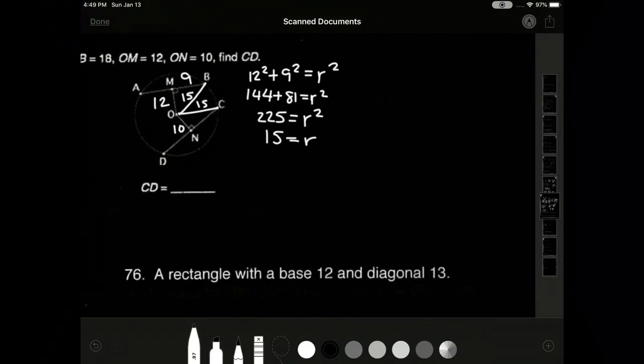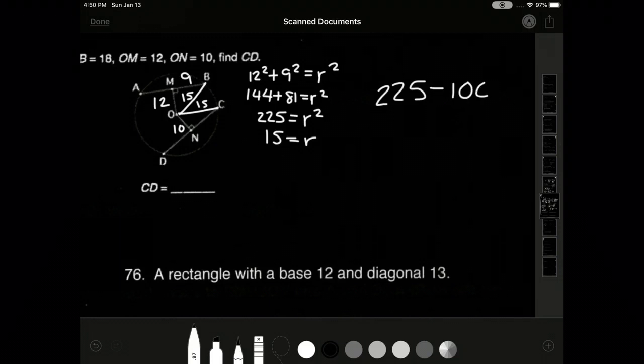Now I'm going to kind of shorthand things here. If I take 15 and I square it, I still get that 225. So I'm going to do 225 minus 10 squared, so minus 100. So we get 125 equals, let's say, b squared.